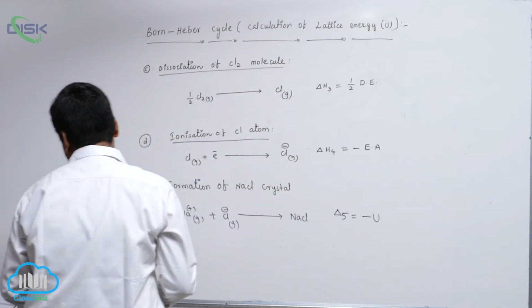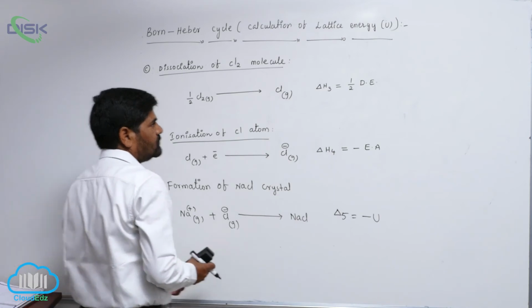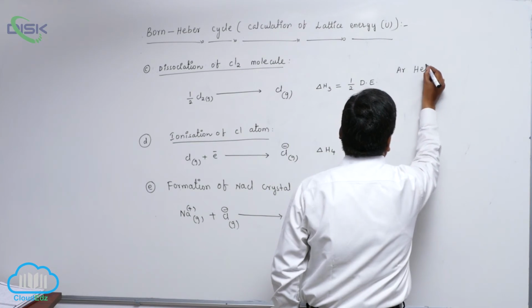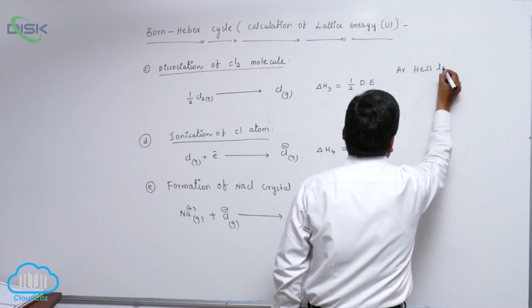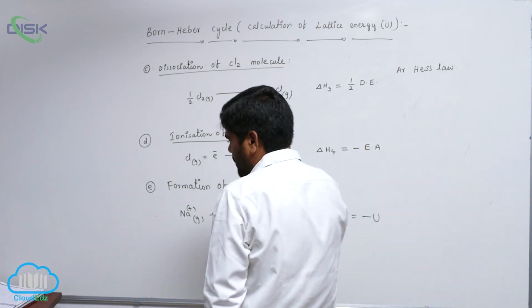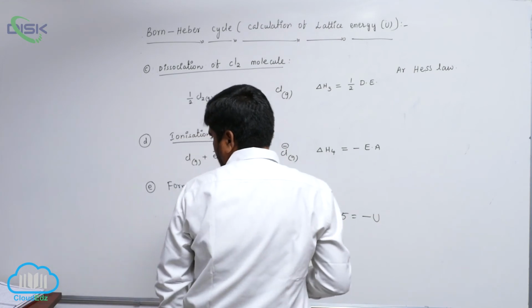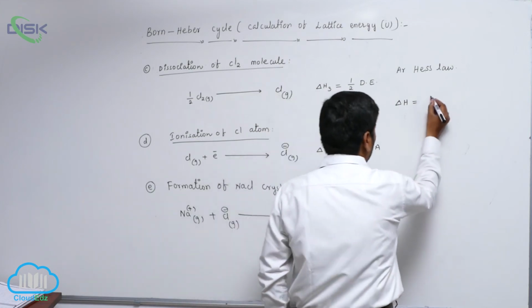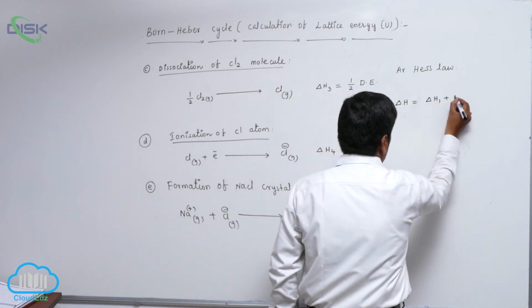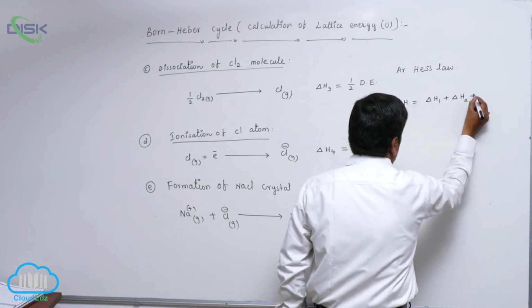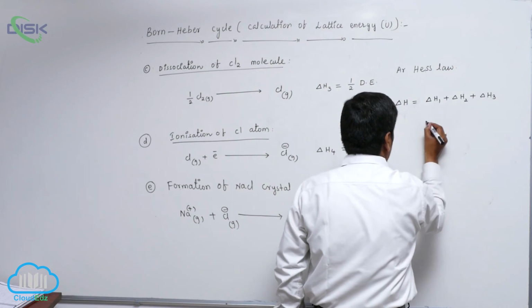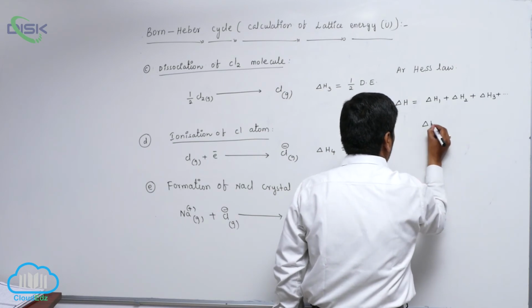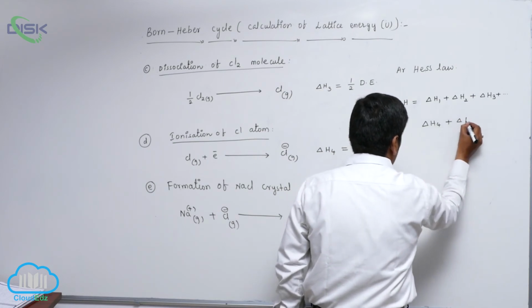So as per Hess law, delta H, heat of reaction, equals delta H1 plus delta H2 plus delta H3 plus delta H4 plus delta H5.